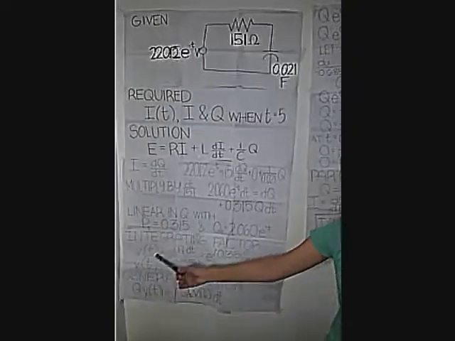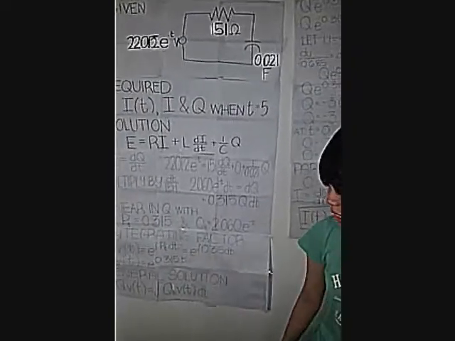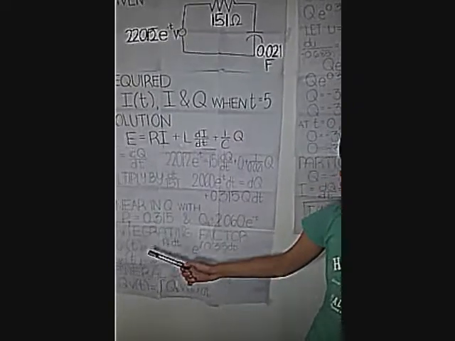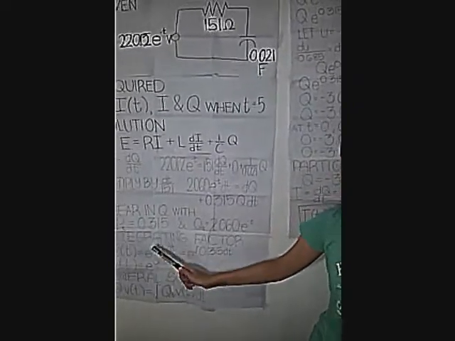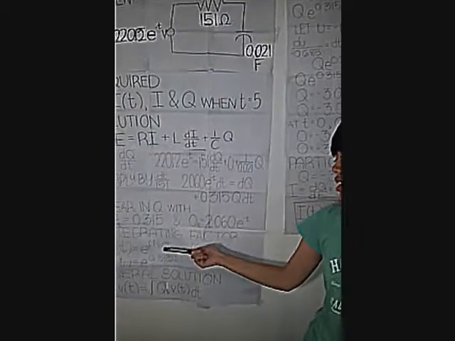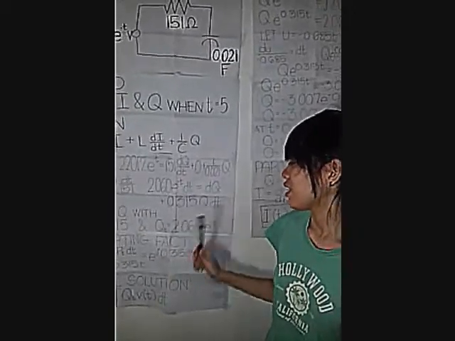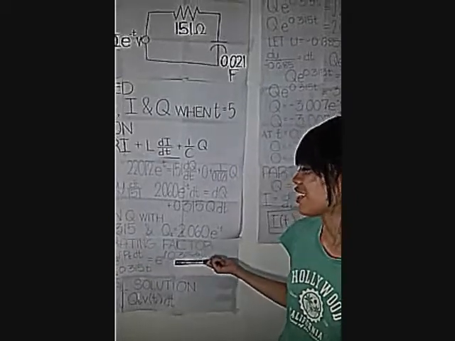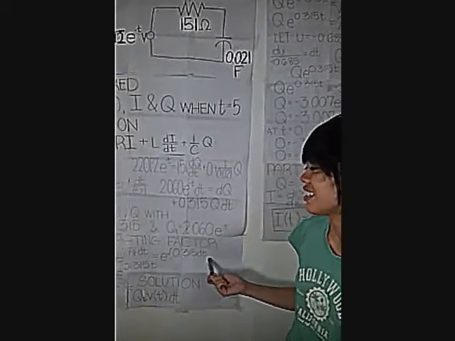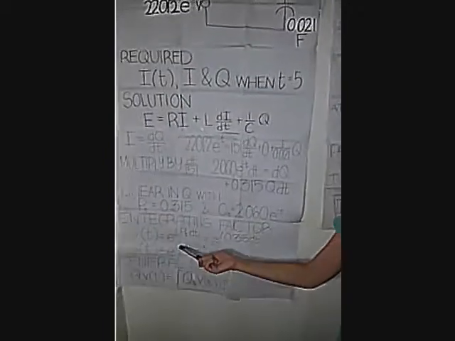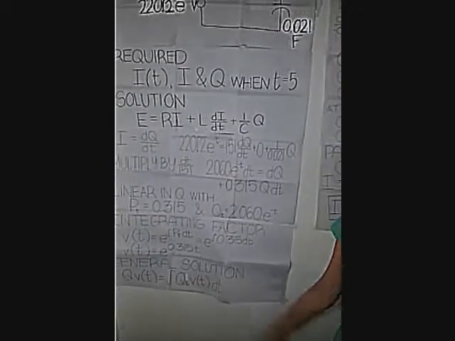The integrating factor would be v of t equal to e to the integral of p sub t dt, which is e to the integral of 0.315 dt. And the integral of that is 0.315 t.